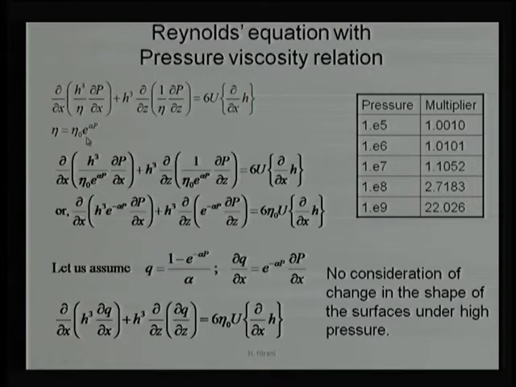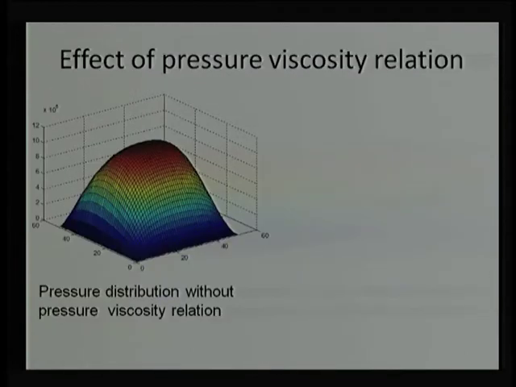Initially we are using only the viscosity variation. Now, this is the pressure relation. Earlier I showed a non-dimensional pressure, while here we are showing dimensional pressure. So, we know the magnitude of pressure, the maximum value of the pressure in this case.